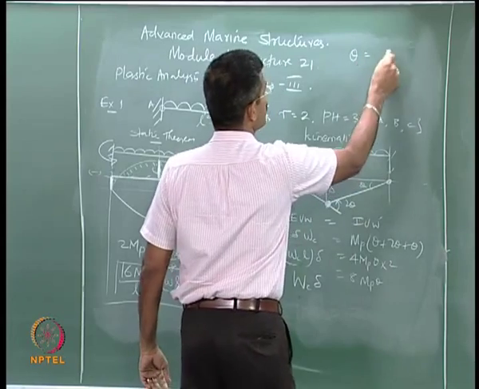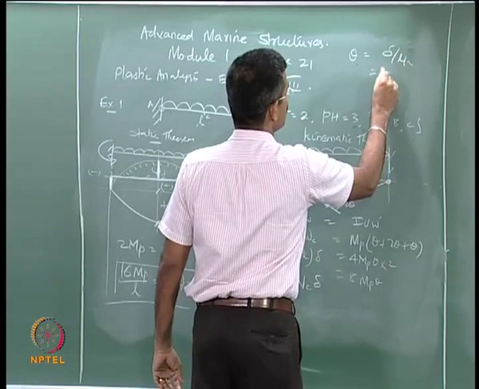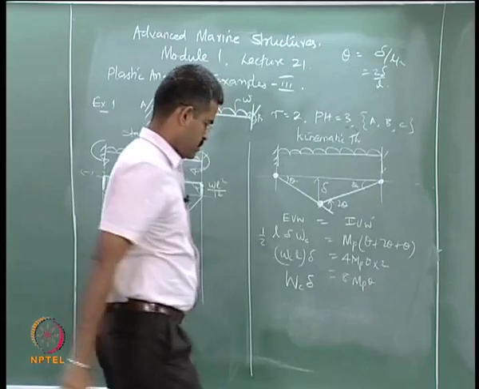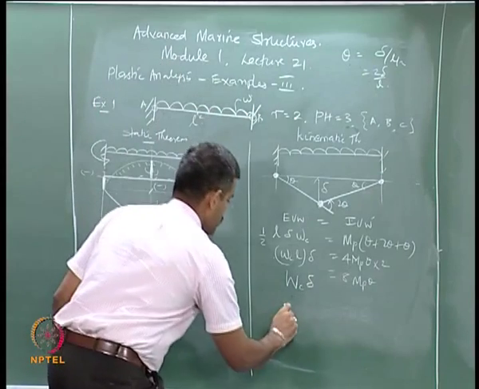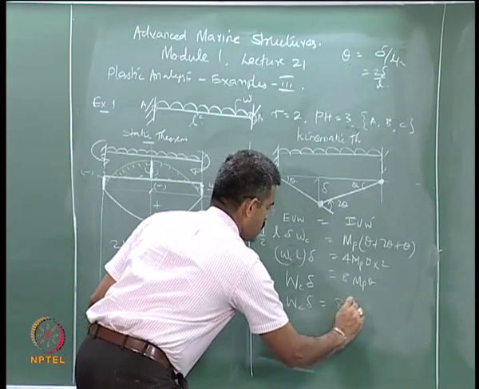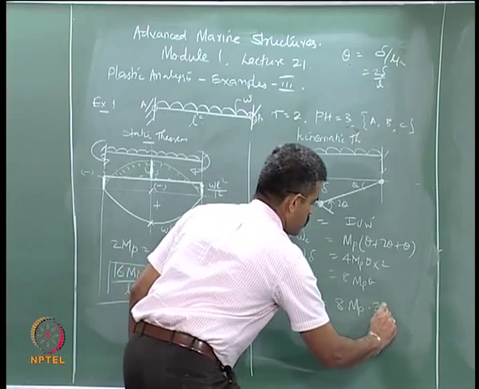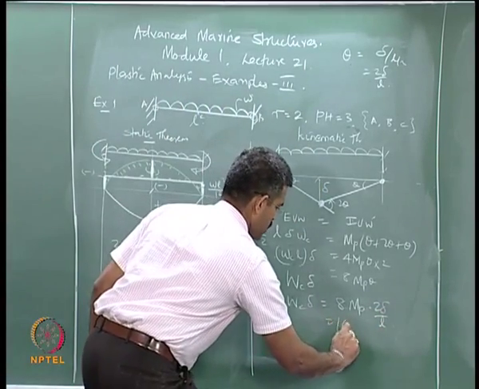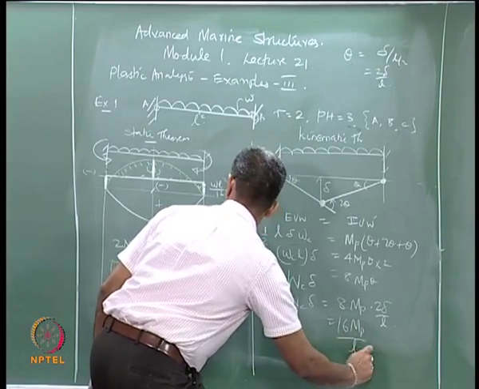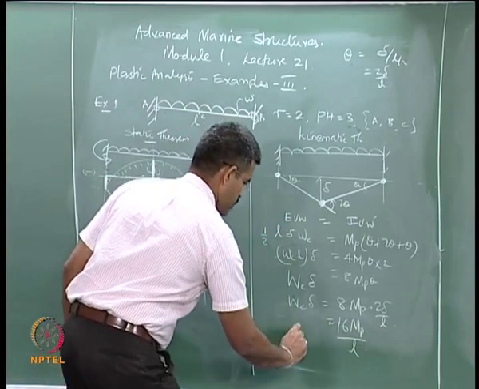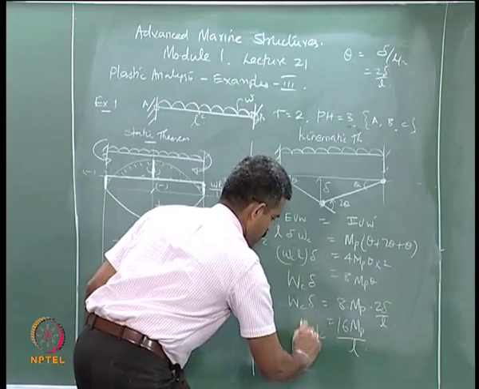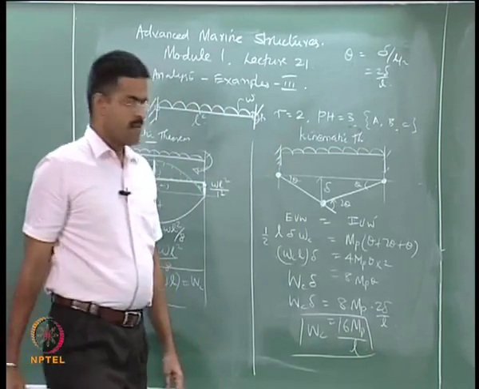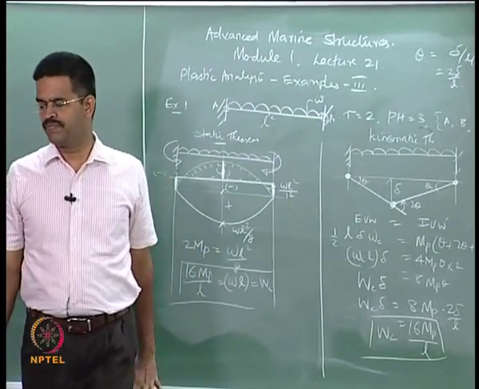Theta for small angles will be delta by L by 2, which is 2 delta by L. I substitute here. So, WC into delta is 8 MP into 2 delta by L, which is 16 MP by L. I get the same value here.